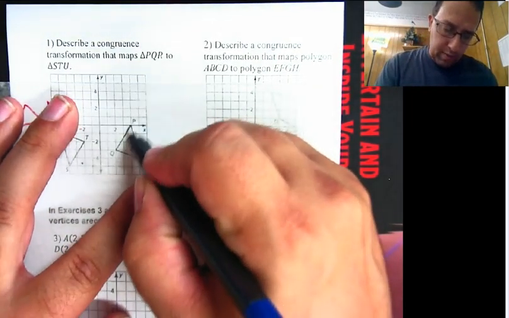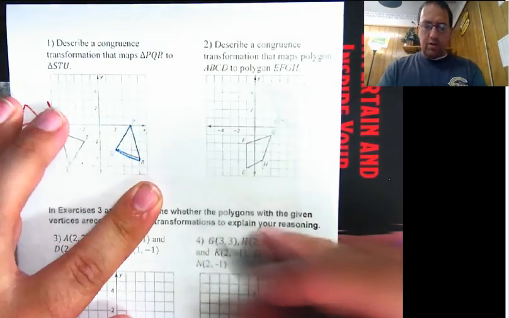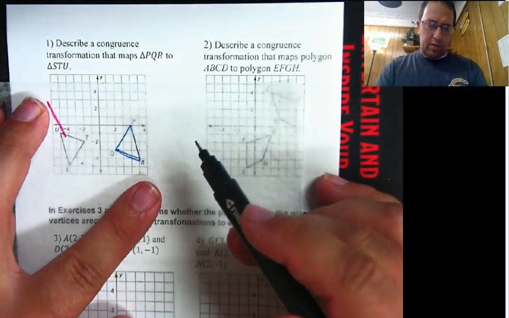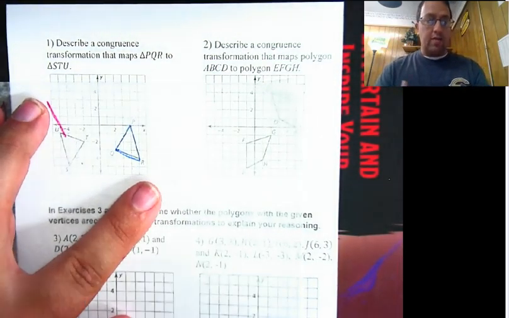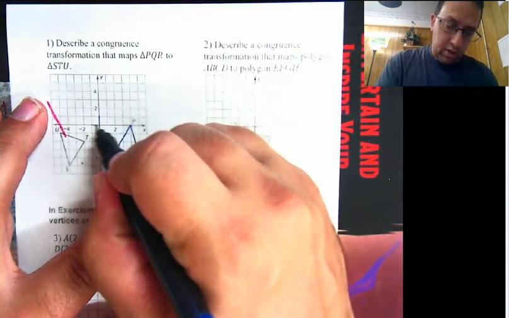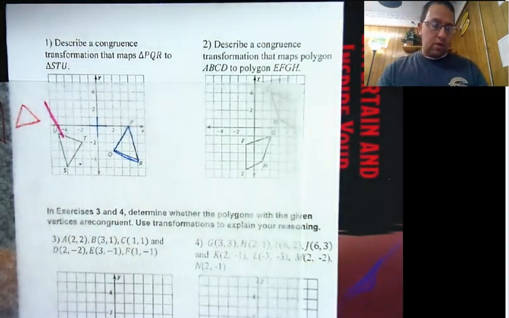So I'm going to use my patty paper so I can trace this and see what's going on. So there it is. Now I'm going to do probably some rotations or reflections, something along those lines. So I want to make sure that I have a point of reference, so I'm going to also trace in the origin. That way I can see exactly where things have been moved to. It helps.